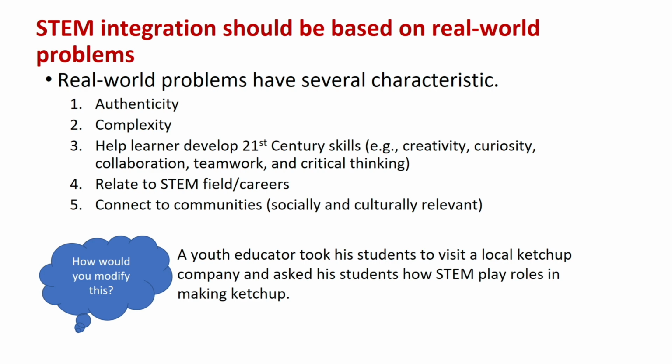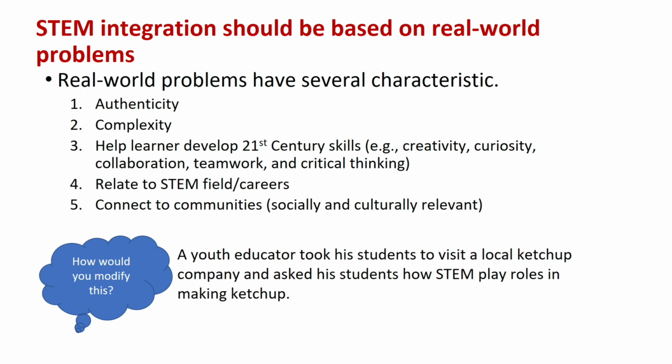So back to one of the previous examples we had, a youth educator going to a local ketchup company and asking students how STEM plays a role. How would you modify this as an opportunity to go into more integrated STEM? What would you do?